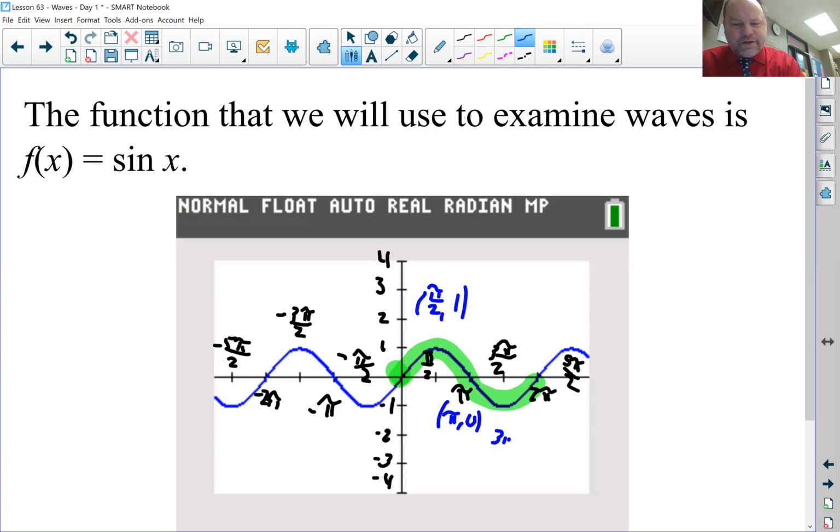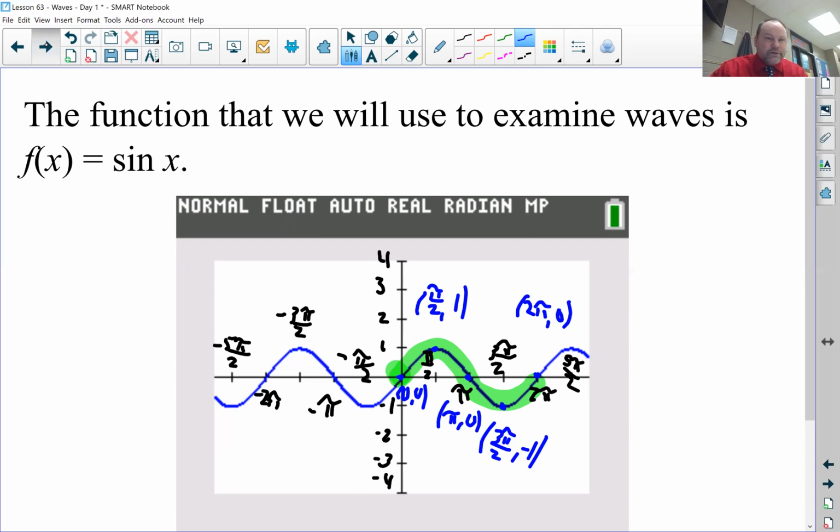At 3 pi over 2, you get negative 1. At 2 pi, you get 0. And you can tell over here, I hope that you have the point 0, 0. So those are what I would call the main points on the graph in that first period.